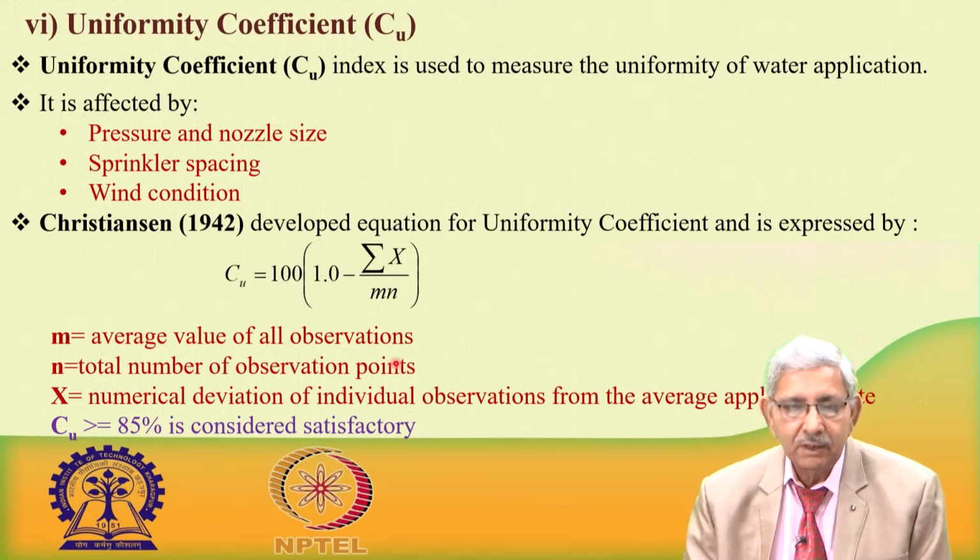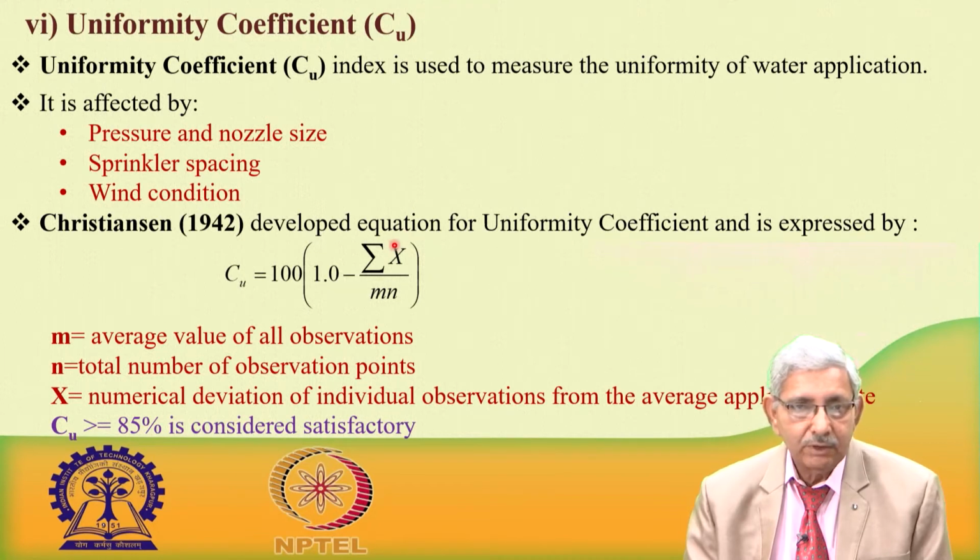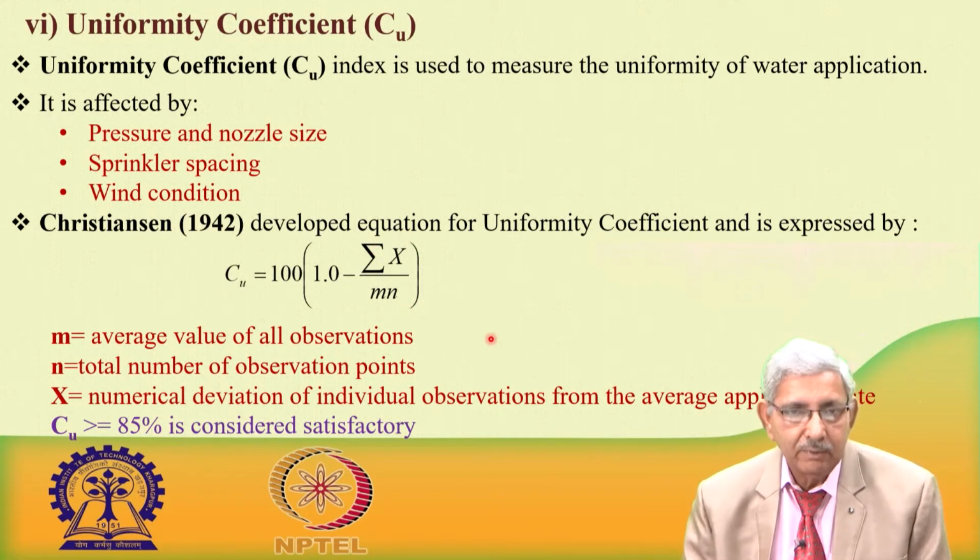Now, from that average, the individual deviations are x1 minus m, then x2 minus m, x3 minus m, like this up to x15 minus m. Then we take the sum of these deviations as an absolute value. That sum gives the numerical deviation, and it is divided by m into n.